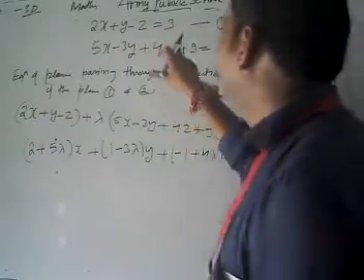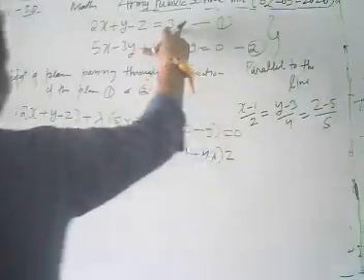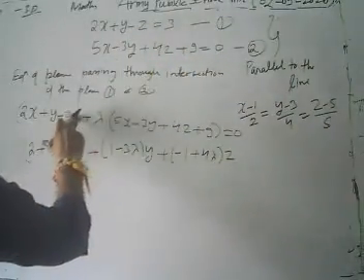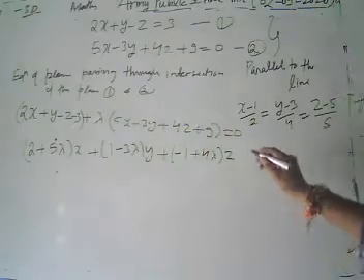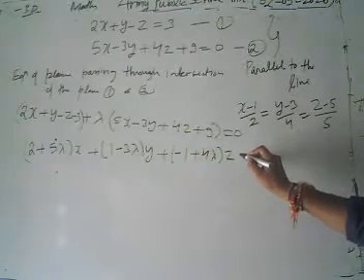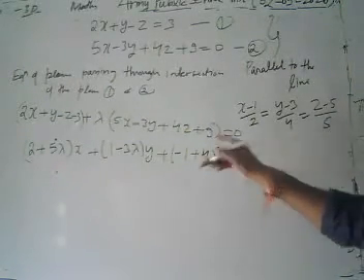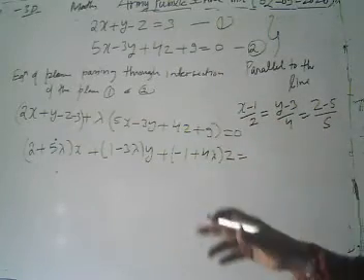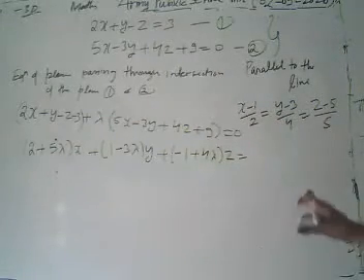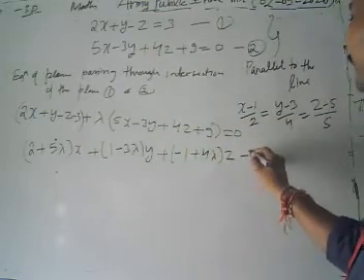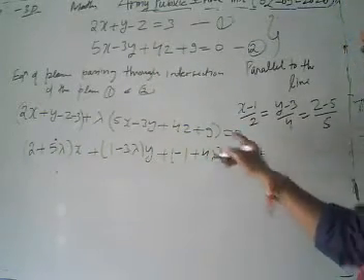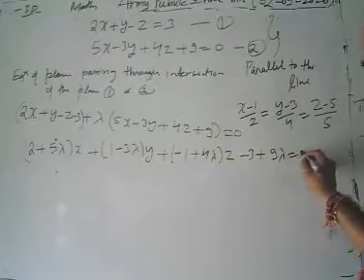We forgot that in the first equation there is also a constant term, minus 3. Solving in the same way, taking everything to the left hand side, we have minus 3 plus 9 lambda equal to 0.